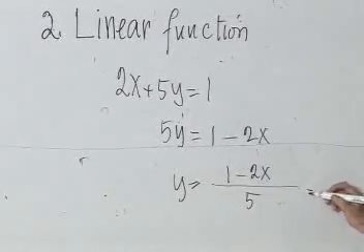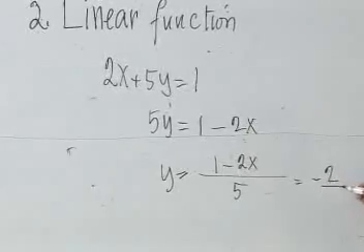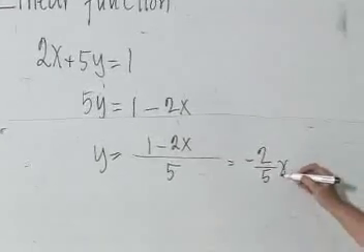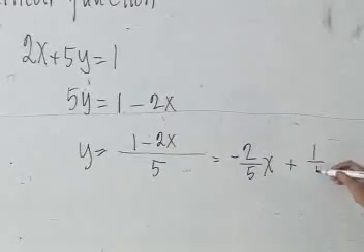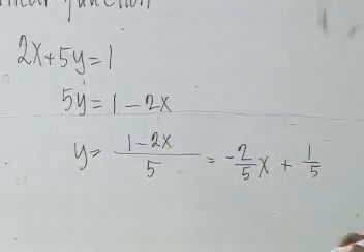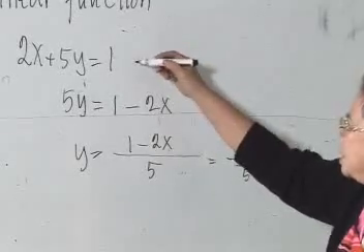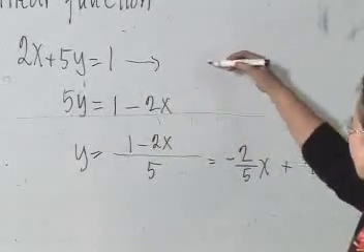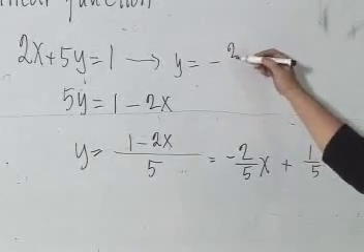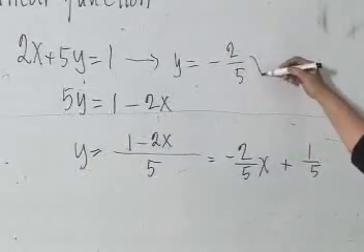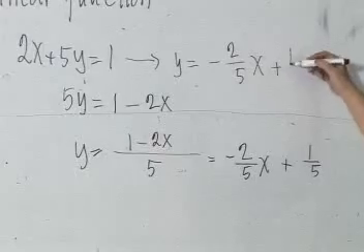Or, we can write this as minus 2/5 x plus 1/5. So, this one has been rewritten as y equal to minus 2/5 x plus 1/5.